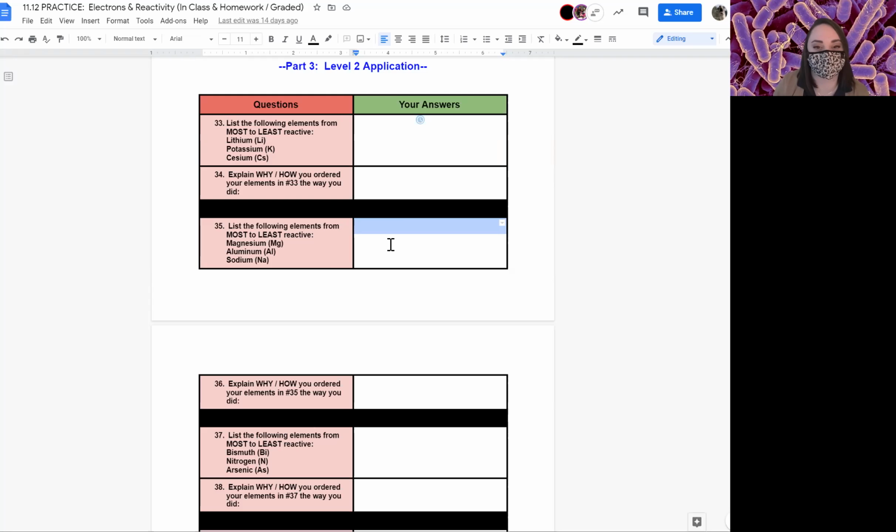Sodium, very good, John. So which is easier to get rid of, 1 valence electron or 2? 1, okay? So sodium is the most reactive, then magnesium, and aluminum is the least reactive because it has the most valence electrons to have to get rid of.